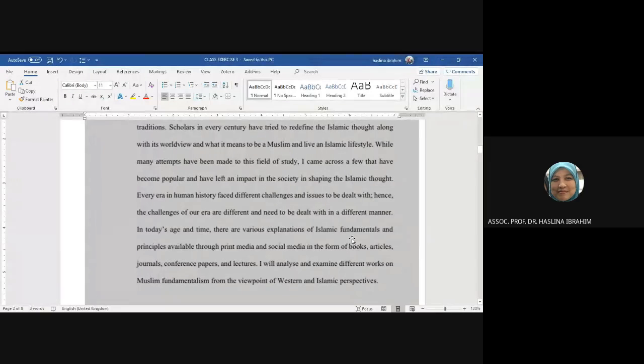The author, different work. Okay, but in any material that explains fundamentalism from Western perspective, did he explain that he has come across that literature?